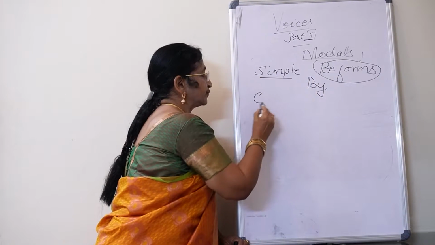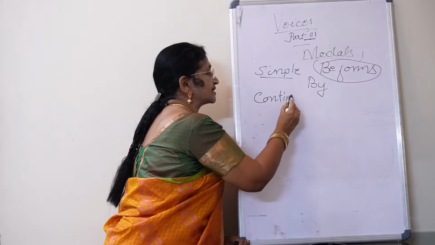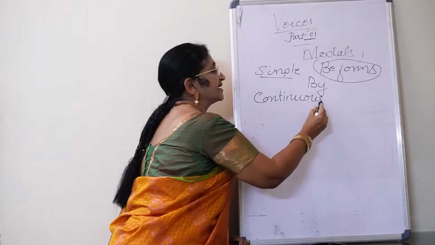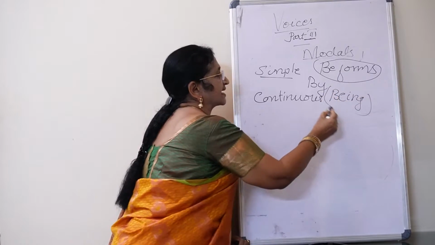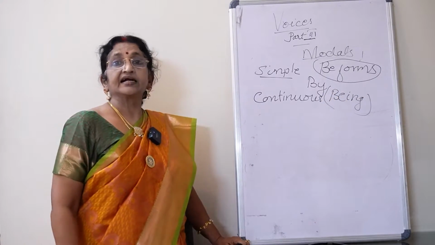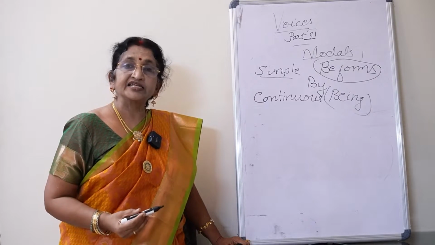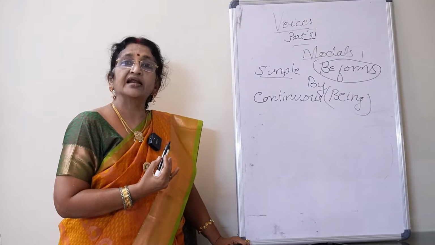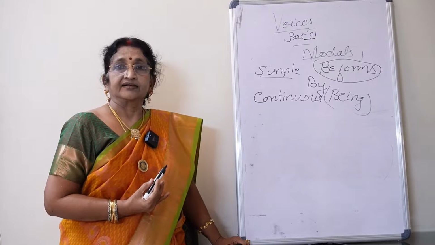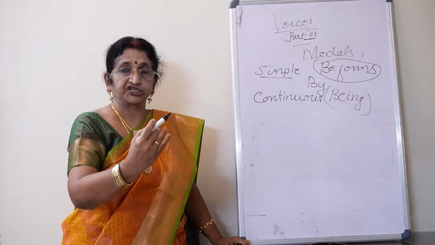Then for continuous we have to introduce one word, being. That also we have seen, like I am drawing a picture. A picture is being drawn by me. The children are listening. Our children are learning English.